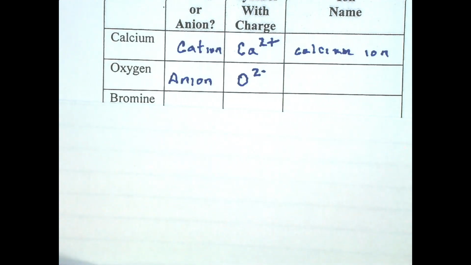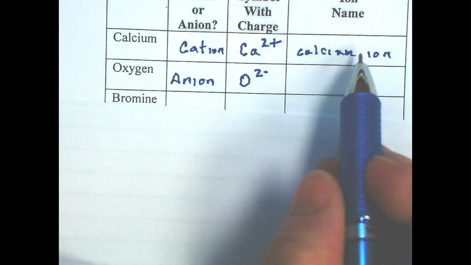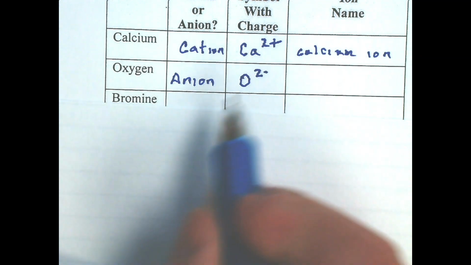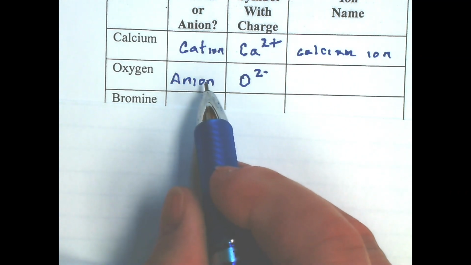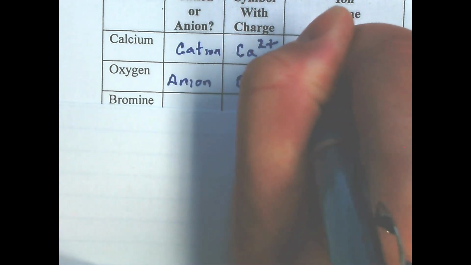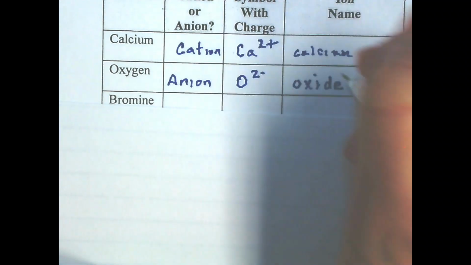And then the ion name, unlike the cations, where we just use the same word, if the element was calcium, it's just a calcium ion. For anions, for negative ones, we change the ending to IDE. So we would call it not oxygen, but an oxide ion, or just oxide.